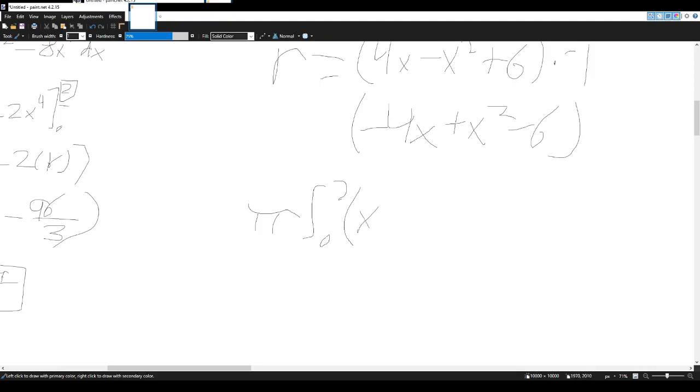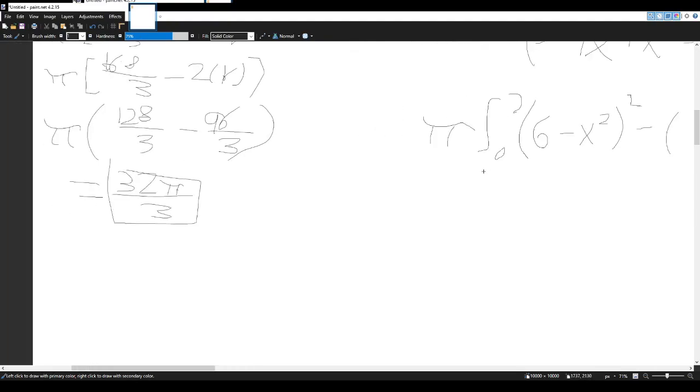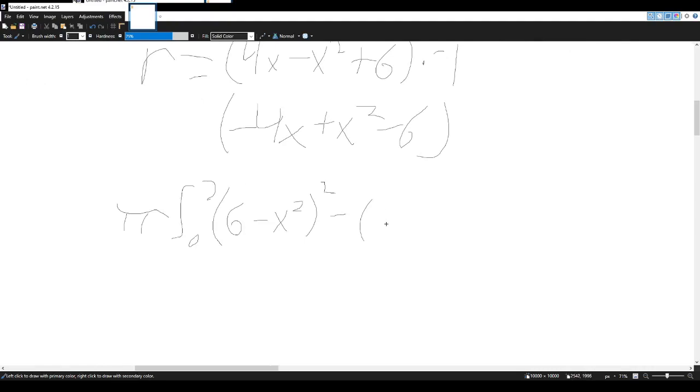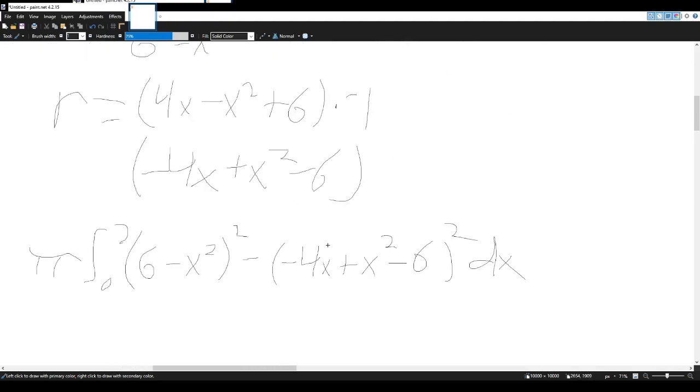So (6 minus x squared) squared minus (negative 4x plus x squared minus 6) squared dx.